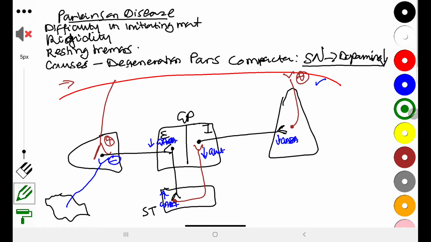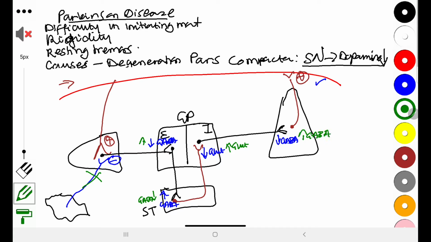So if you now come in and remove this, it means that you're removing this effect, and there will be an increase in GABA there. If there's an increase in GABA there, you see that there is reduction in GABA. And because there's a reduction in GABA there, you see that there's more glutamate. And because of more glutamate, you see that then we have increased GABA.